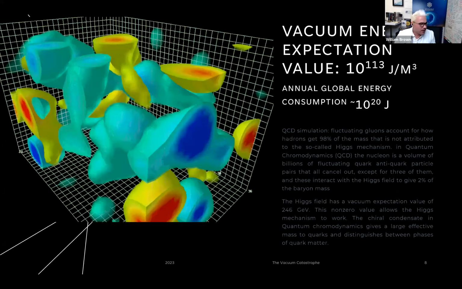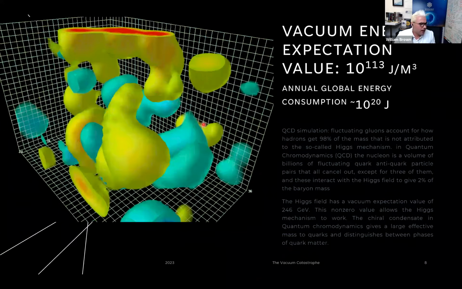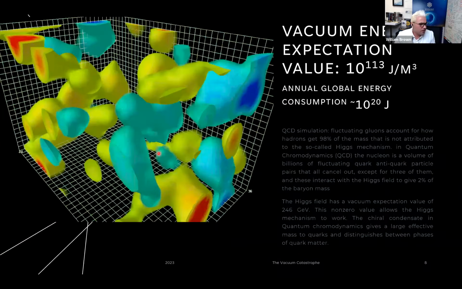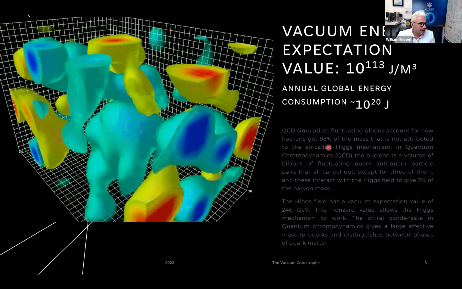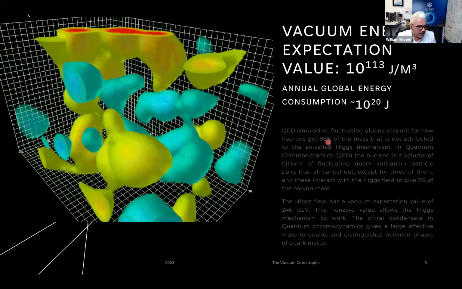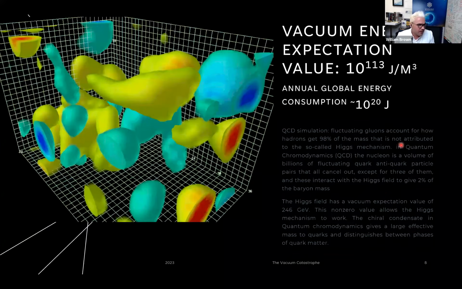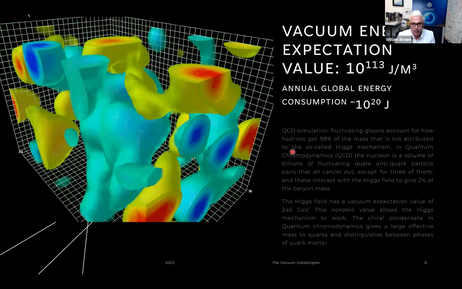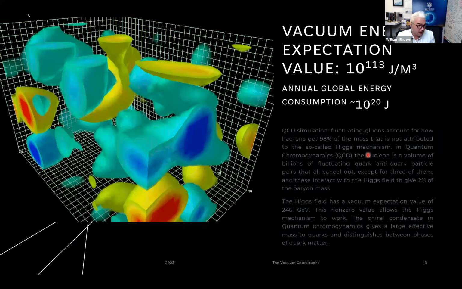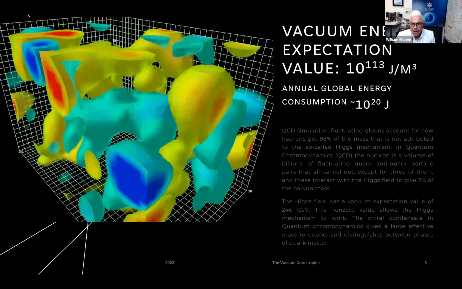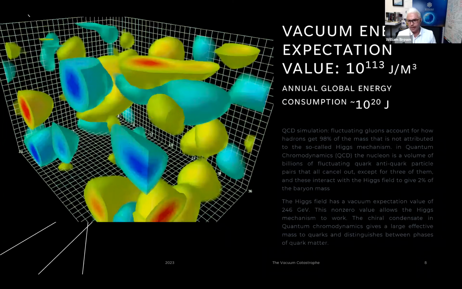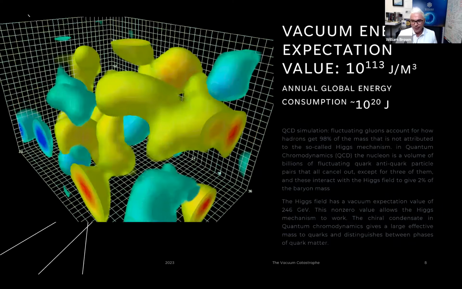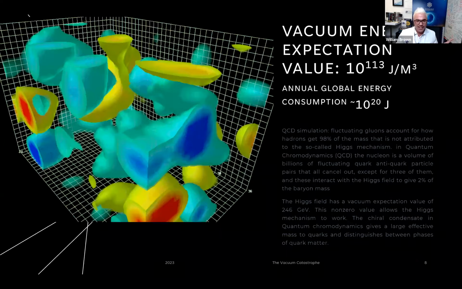Now, as we were discussing a little bit, this QCD simulation is showing fluctuating gluons and quark gluon plasma. And this is how hadrons get 98, and actually, I think 99% of the mass. It's not attributed to the so-called Higgs mechanism. Now, what this means is that the strong force is the vacuum energy density.